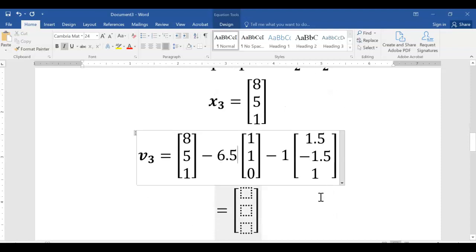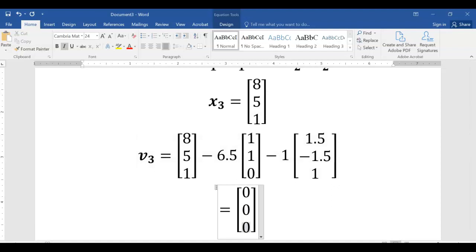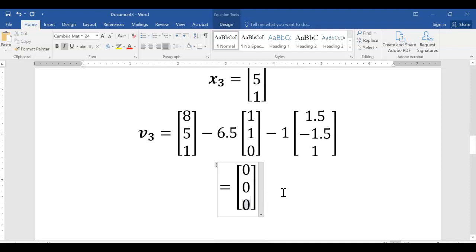Now, when you look at this, it turns out really interesting. 8 minus 6.5 times 1 minus 1 times 1.5 ends up as a 0. 5 minus 6.5 times 1 minus 1 times negative 1.5 also ends up as a 0. And 1 minus 6.5 times 0 minus 1 times 1 also ends up as a 0. So v3 gives me the 0 vector.